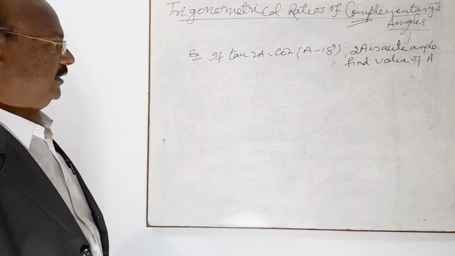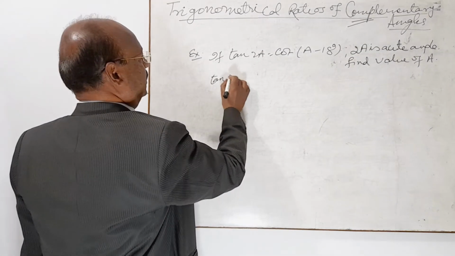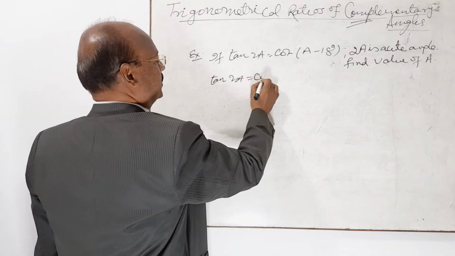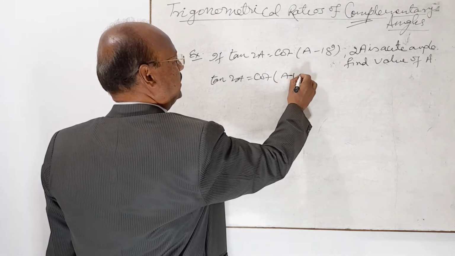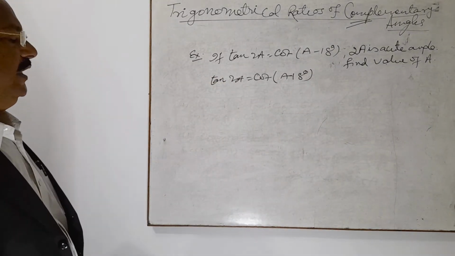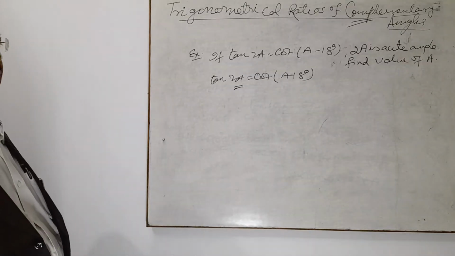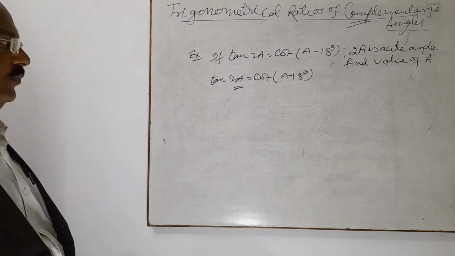Okay, let us see. The given expression is tan of 2a is equal to cot of a minus 18 degree. 2a, this angle, is acute angle. We have to find out the value of a.